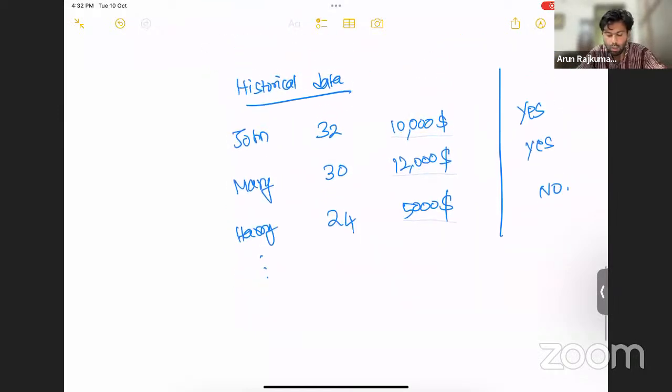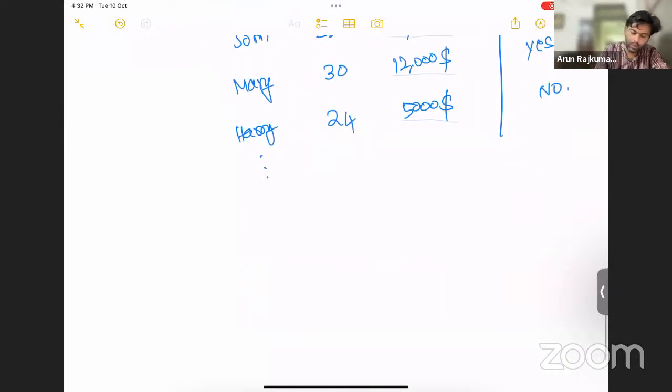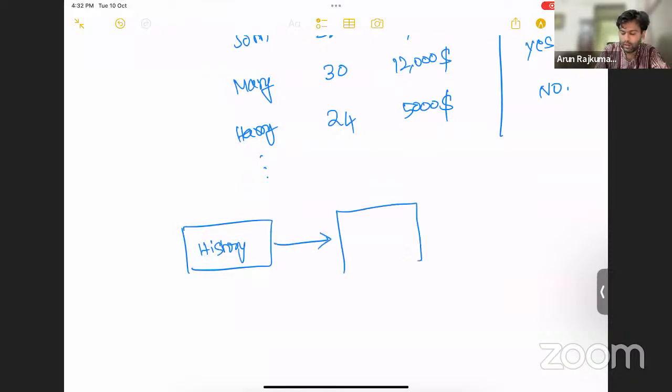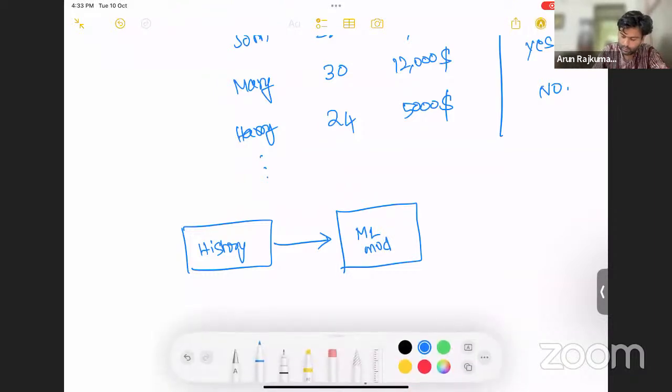Now, what you can do is, as you have historical data, you input this history to a machine learning model, which I'm going to call ML. Instead of model, let me call this machine learning algorithm, right?